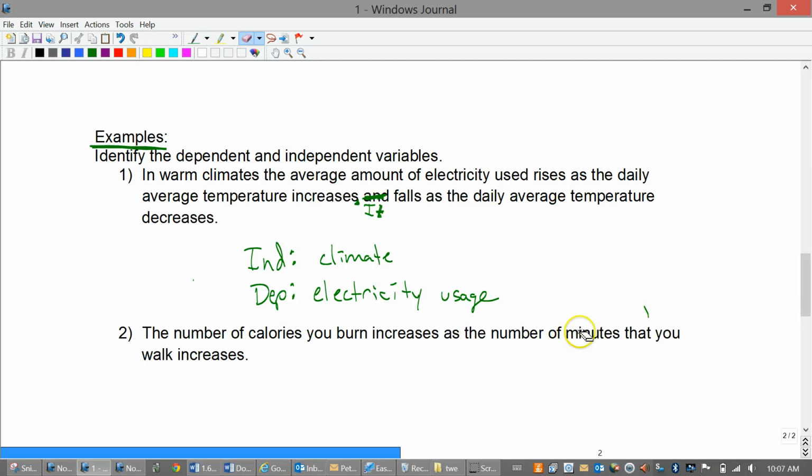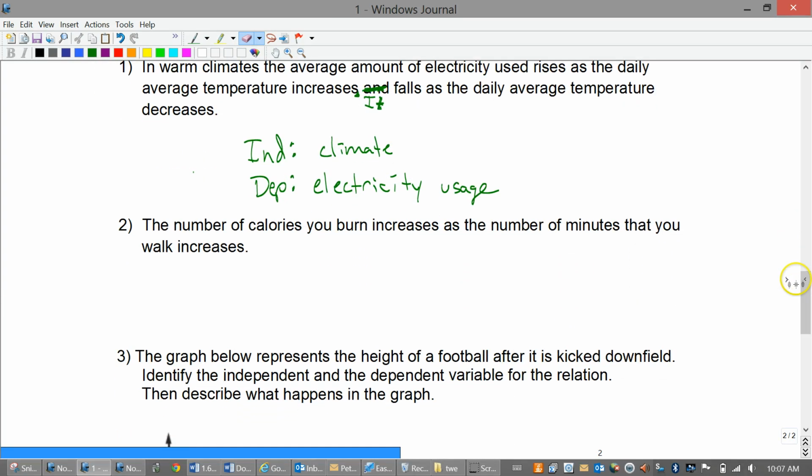The number of calories you burn increases as the number of minutes that you walk increases. There is a glaring thing that makes it easier to determine which one's independent right away, because there's a time figure in this description, right? We're talking about the time you walk, right? Time is represented in here, so automatically time is an independent variable.